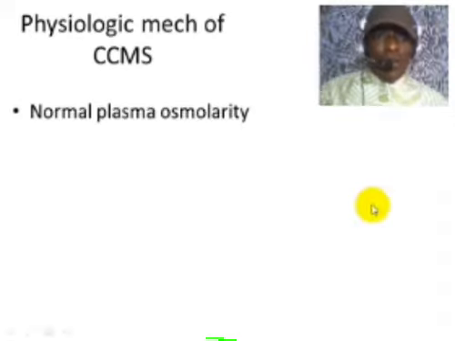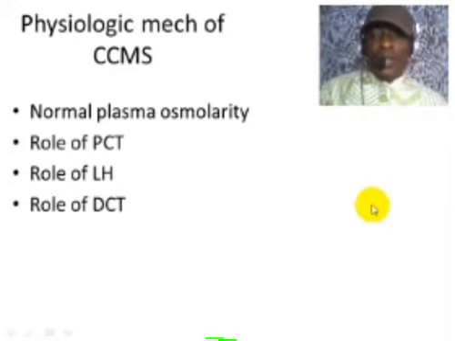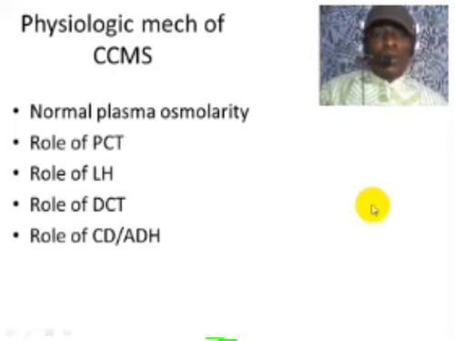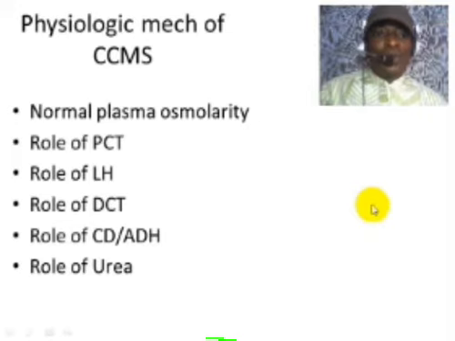First, the role of the proximal convoluted tubule. Then the role of the loop of Henle, then the role of the distal convoluted tubule. Then the role of the collecting ducts, and then the role of urea in concentrating the urine.